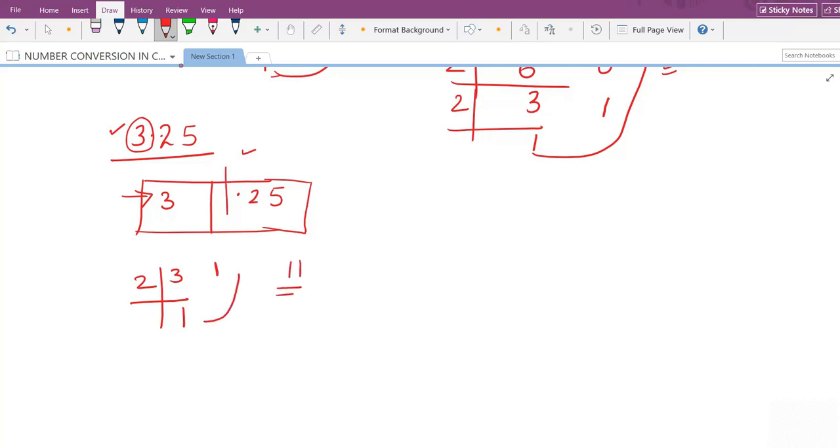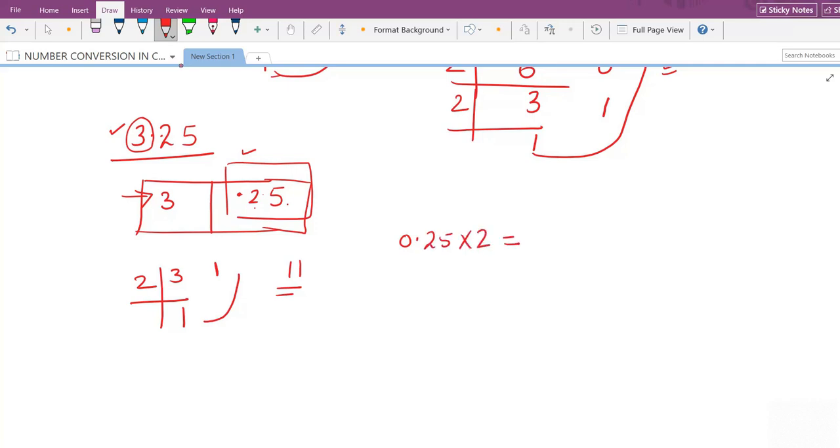Now what to do with this? You have to multiply because it is in the point form. How you have to do it? You have to do it one by one, because what you have is this one, 2 is there and 5 is there. So first what you will do, you simply take 0.25 and multiply it by 2.